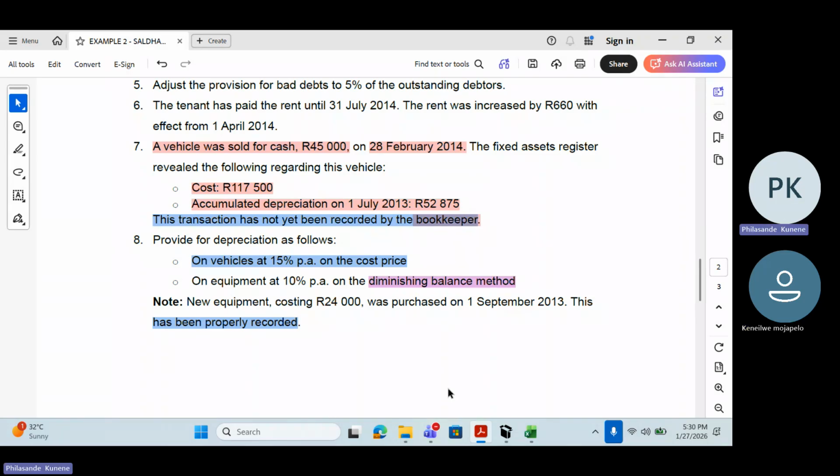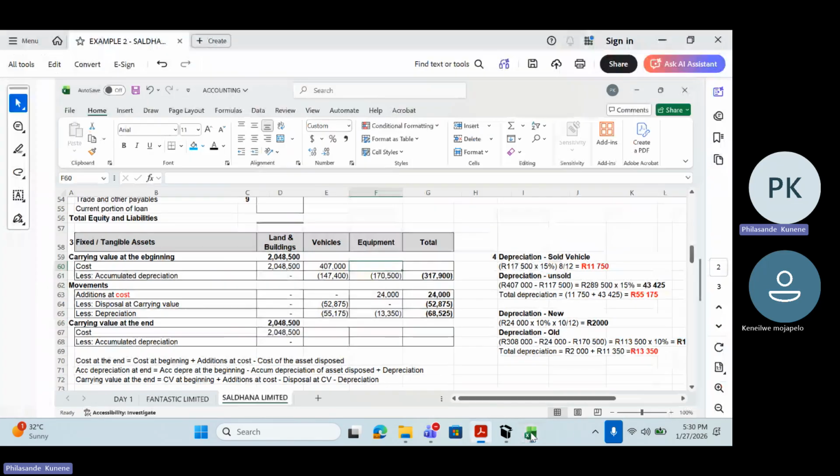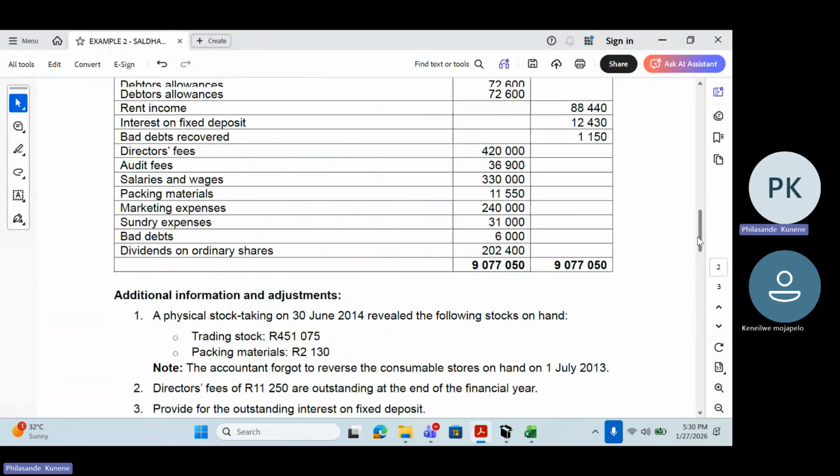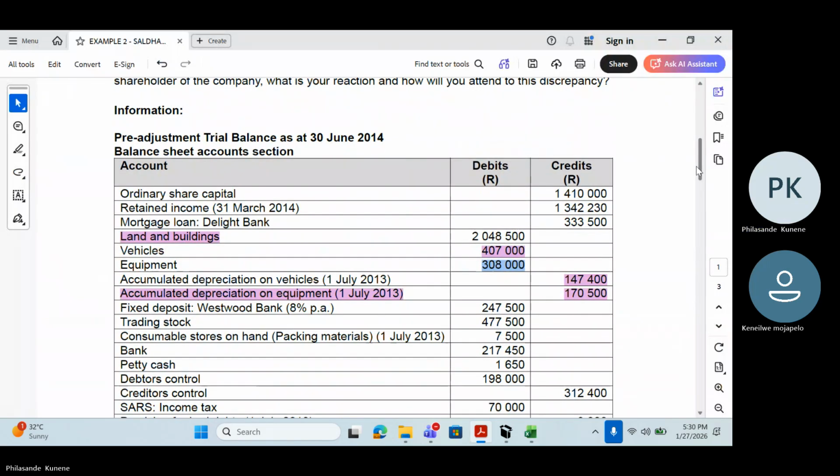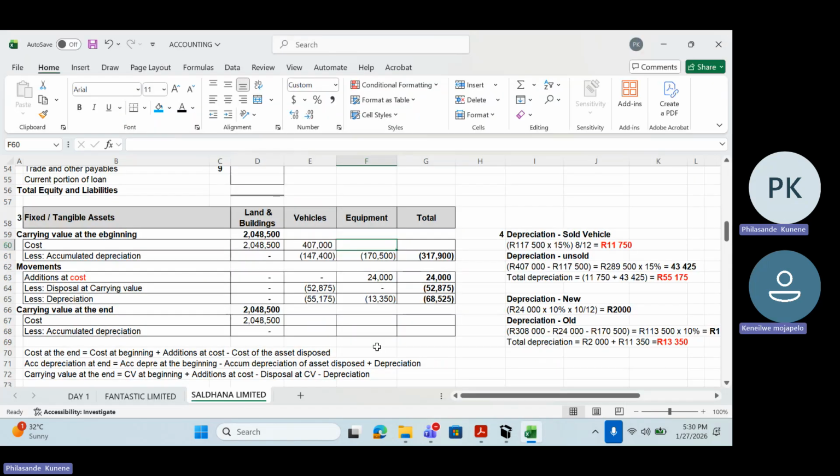Exactly. There is equipment that was purchased and it was already recorded. So that would be the cost at the end. How much is it going to be? 308,000 rands.